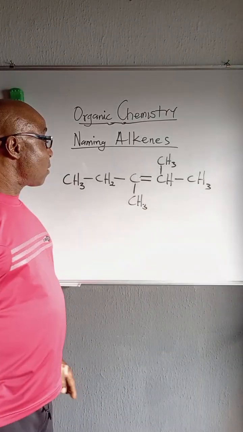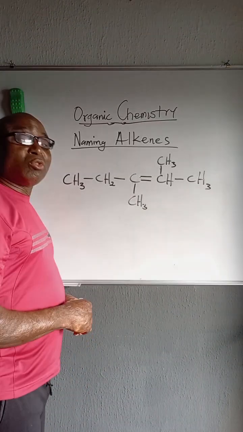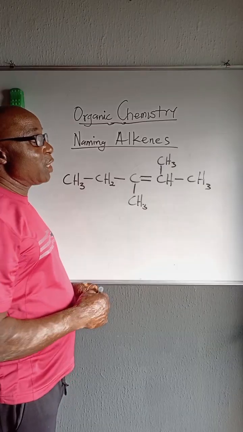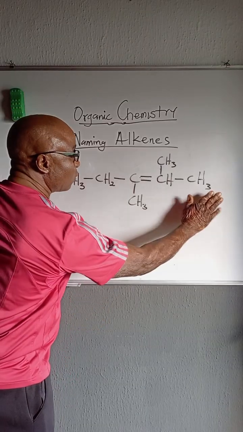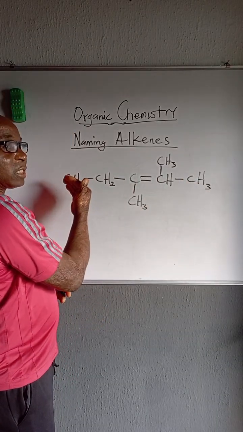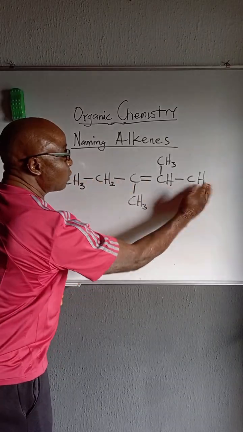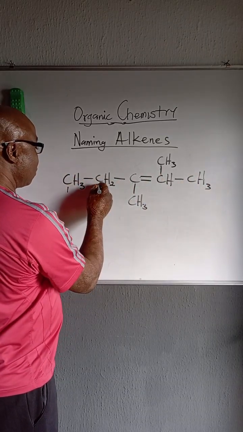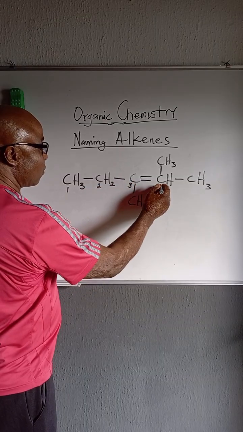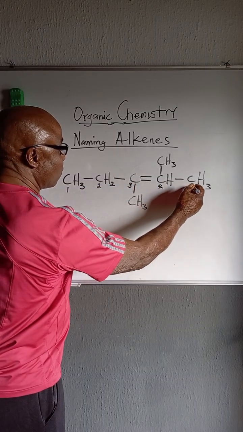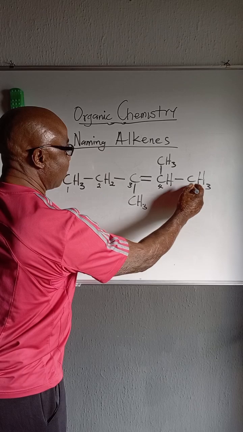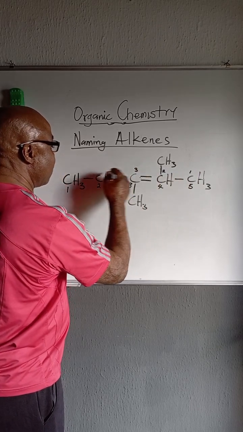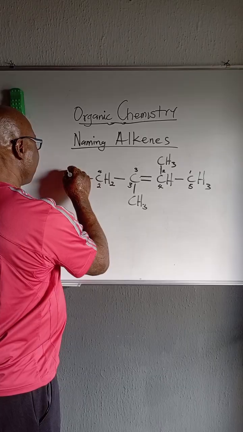Having said that, we have to give numbers to the carbon atoms in both directions, numbering this way or numbering this way. If we do that, we are going to have 1, 2, 3, 4, 5, or 1, 2, 3, 4, 5.